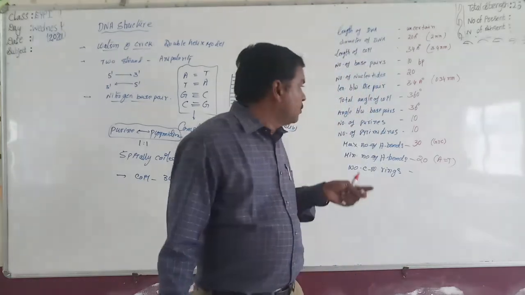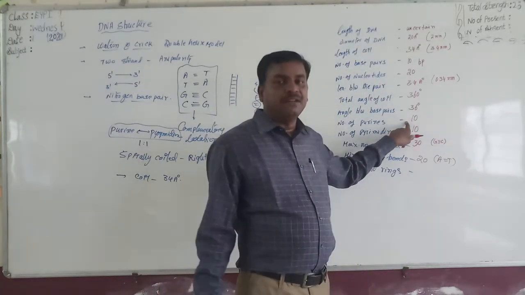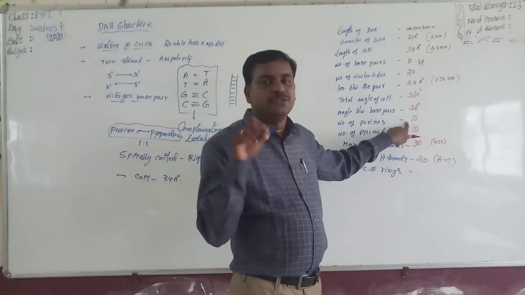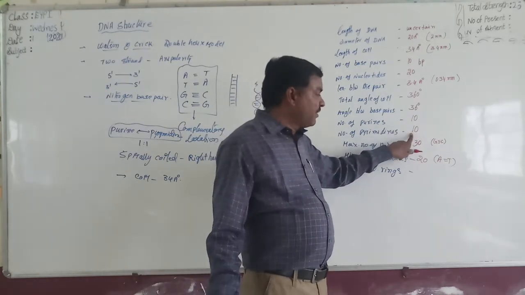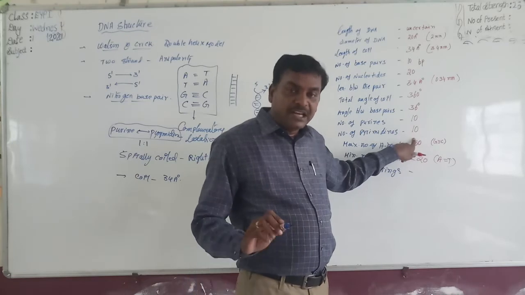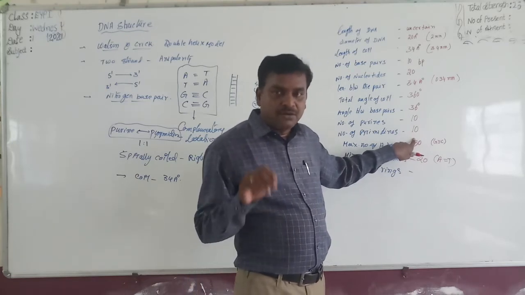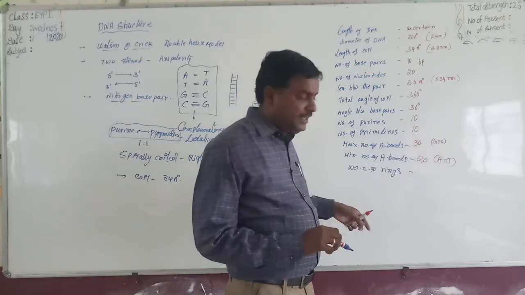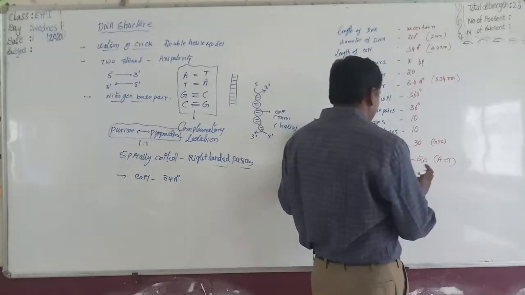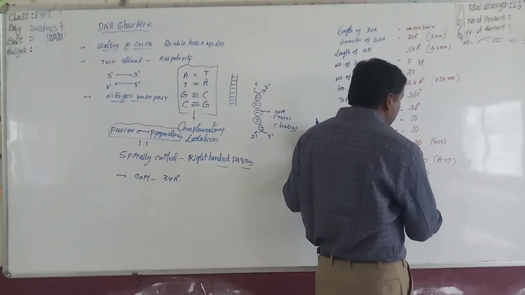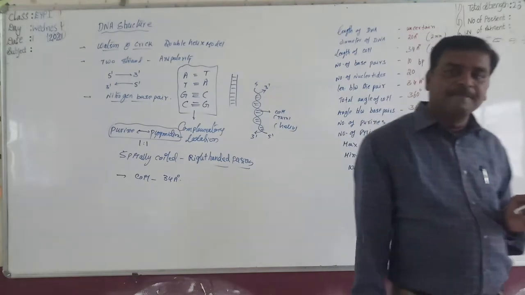So total number of purines 10, 10 into 2, 20. Total number of pyrimidines 10, 10 into 1, 10. 20 plus 10, 30. Maximum number of CN rings, 30 CN rings are there.